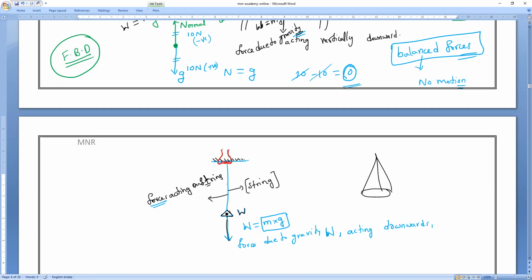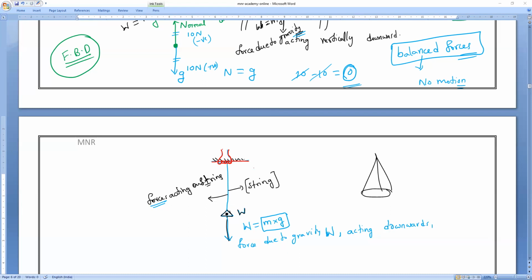I am holding the string from the other side, or I attach it to some rigid body. So my hand is exerting force on the string. Are you pulling in the upward direction or downward direction? Suppose you are hanging something.